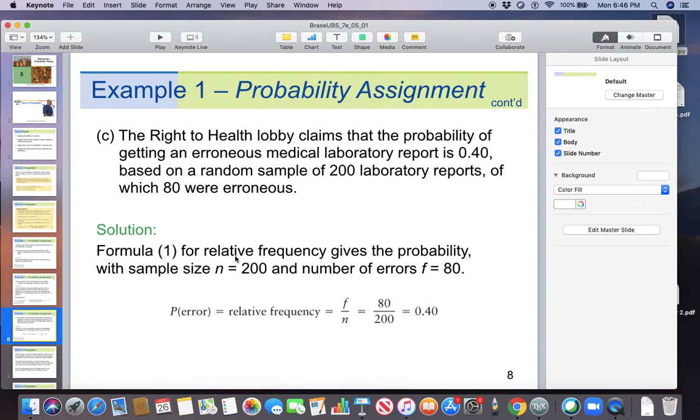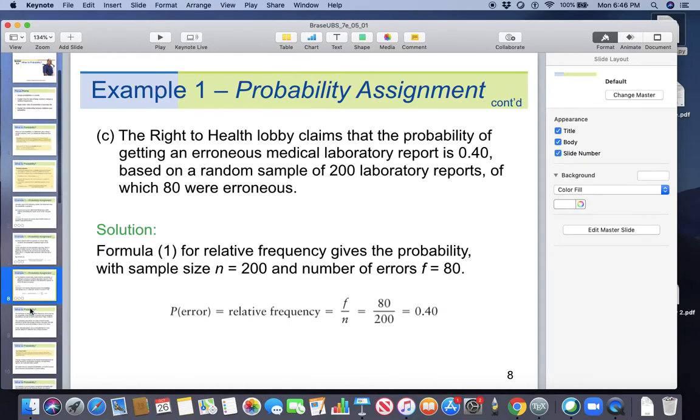So here you are using relative frequency. So probability of an error is the relative frequency: 80 erroneous out of a total of 200. You see, sample size is 200, number of errors is 80.